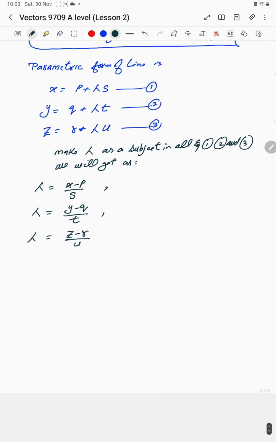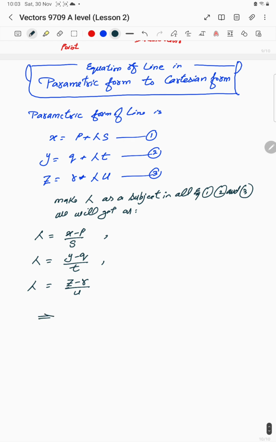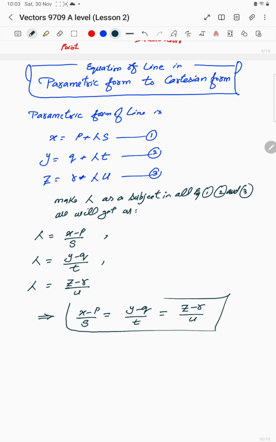All are values of lambda, so we can equate them: x minus p by s equal to y minus q by t is equal to z minus r by u. This is the Cartesian equation of a line.